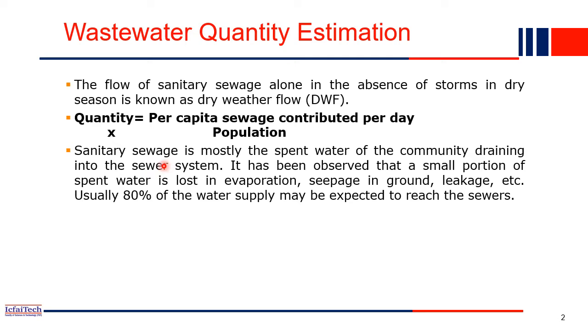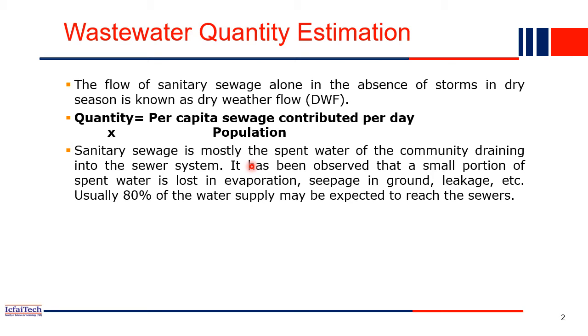The sanitary sewage is mostly the spent water of the community draining into the sewage system. Whatever clean water we distribute to the households or the industry, approximately 80% of this water supply will come back as wastewater in our sewer pipes. Why?